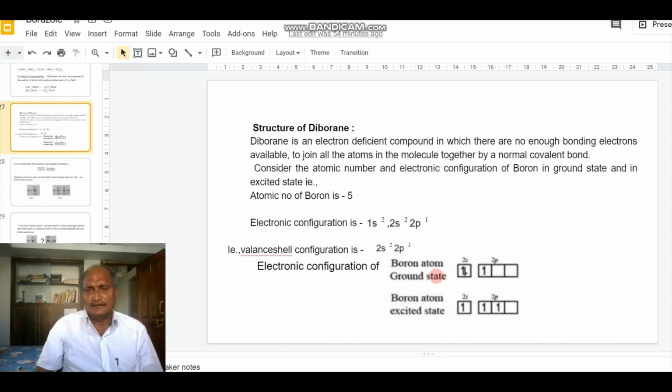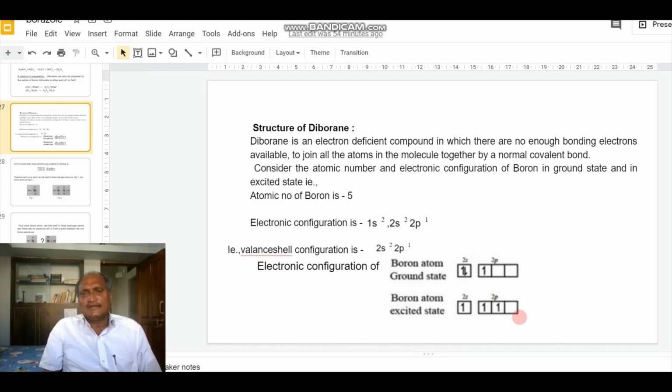Coming to the excited state of boron atom. In the excited state, one electron of boron from the 2s subshell is excited to the 2py subshell as 2py1.